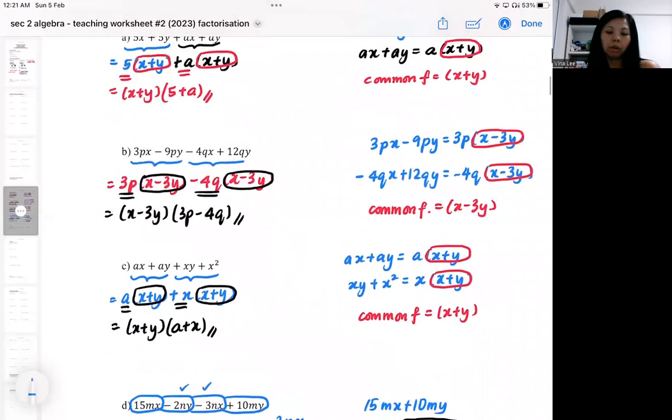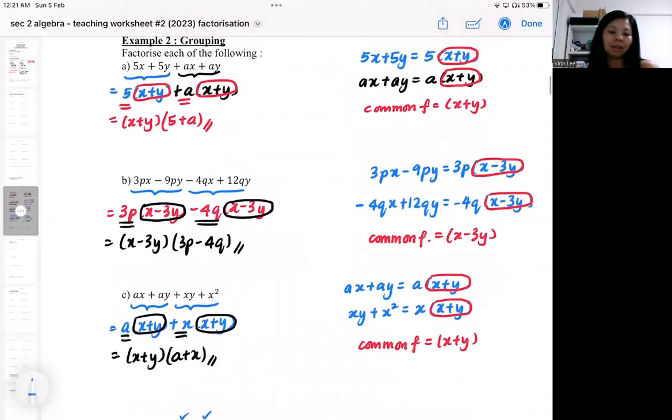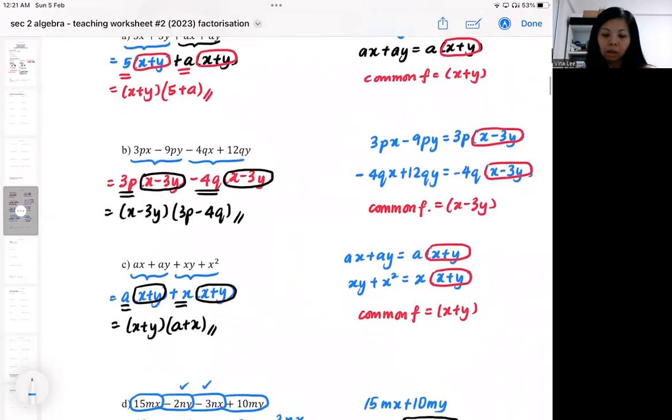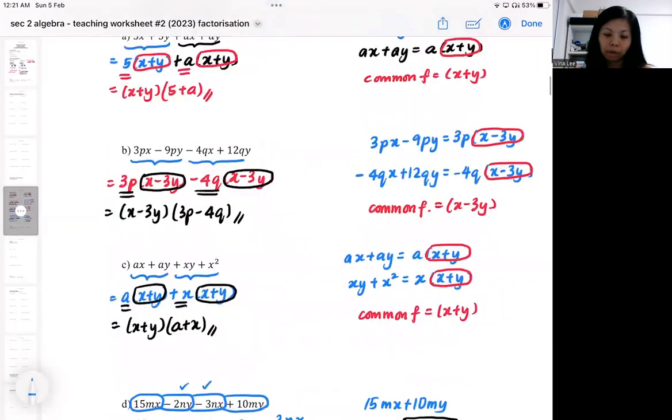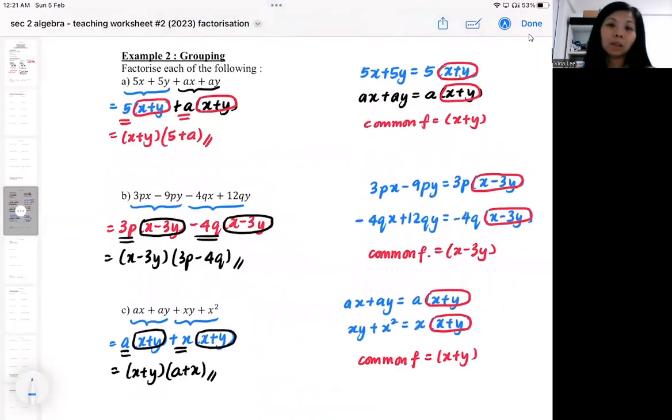Usually I will take the first two as one group, then the last two as one group. Then I make sure that I end up having a bracket as a common factor. But if I do not end up with a bracket as a common factor, I need to reshuffle them. So that will be the basic idea for grouping. This is only the basic idea. There is another asterisk example, which I will be going through in a while.